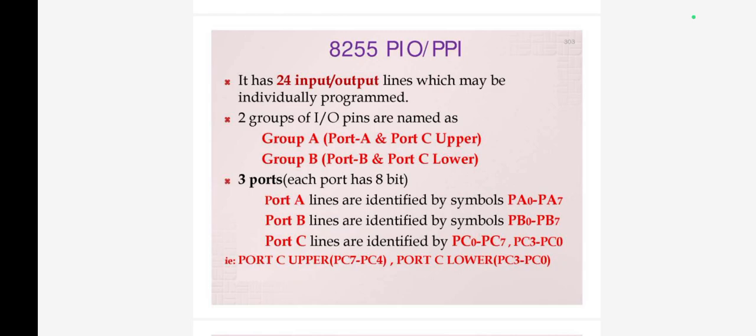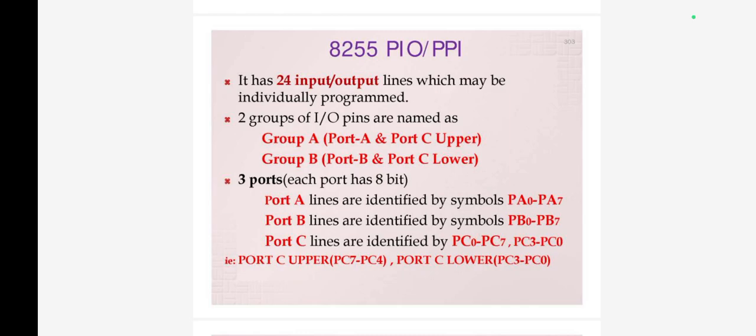As I already told, it has 24 input output lines which may be individually programmed, and two groups of input output pins named group A and group B. In group A, port A and port C upper. Group B is called port B and port C lower.